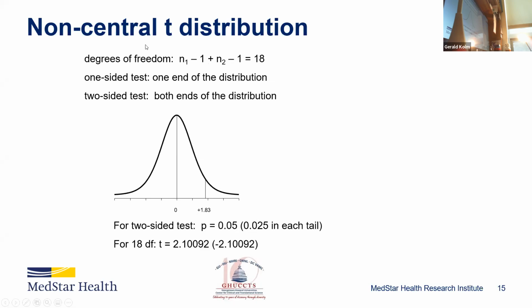If we're doing just a one-sided test, then we're just going to look at one tail here. But for our non-central t-distribution, for 18 degrees of freedom, the t that we calculate equals 2.1. So it would be somewhere over here for a one-tail test, or if we're doing two tails, over in this left-hand tail. What we want to do then is look at the probability associated with this non-central t of 2.1.